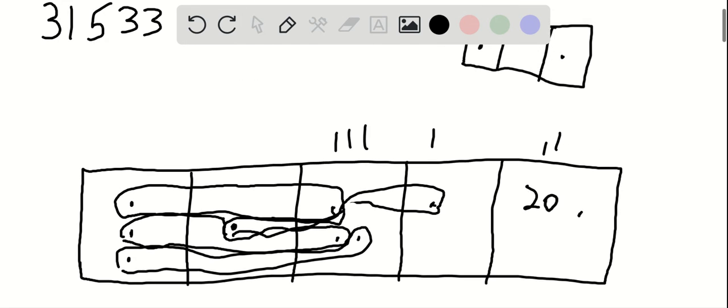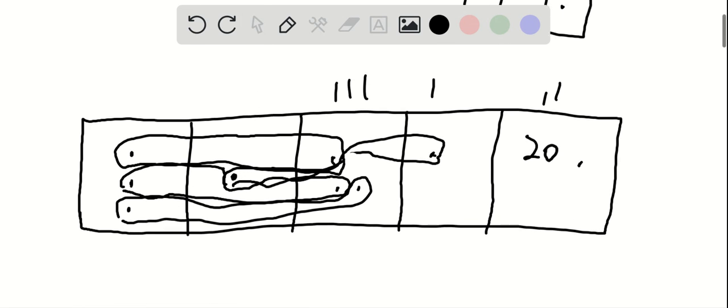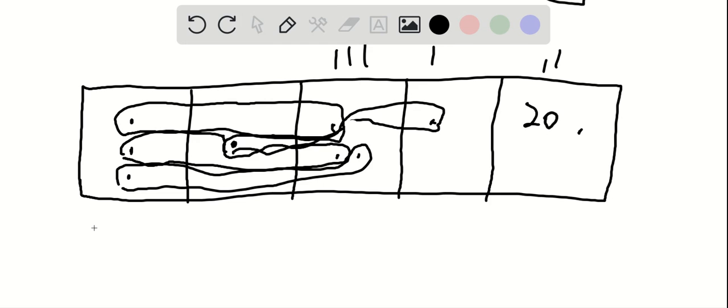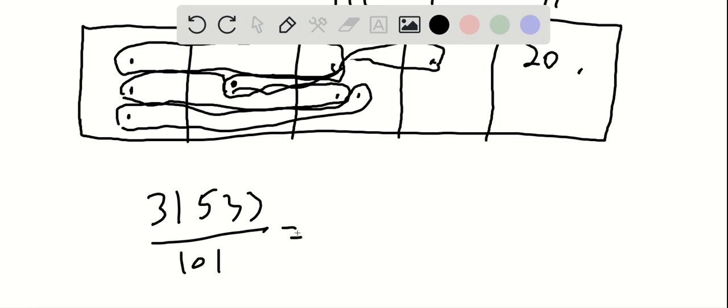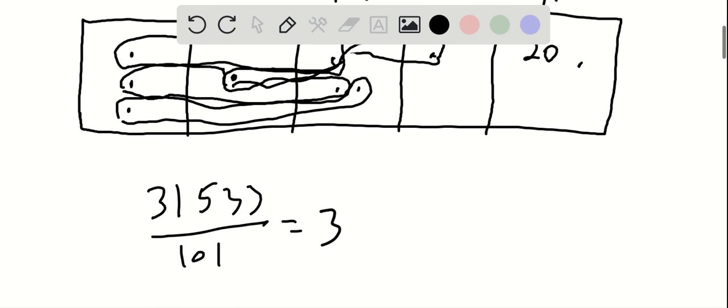So the answer to 31,533 divided by 101 must be equal to, like we see here, three hundreds, one ten, and two ones, so 312.